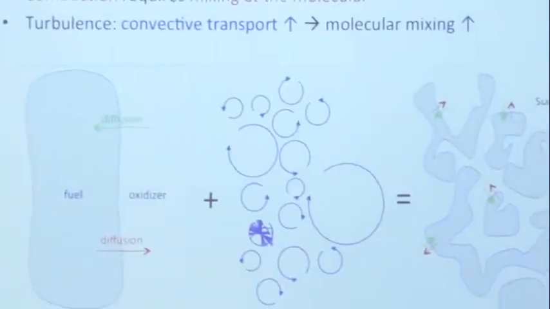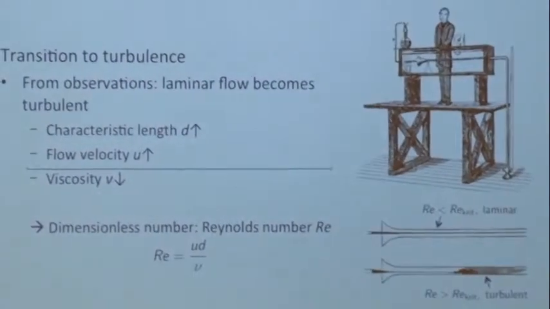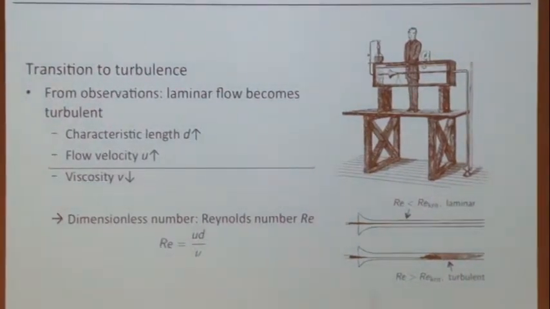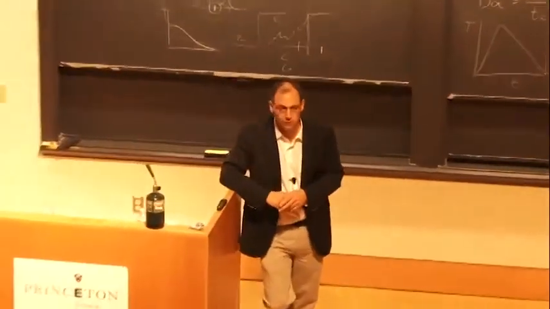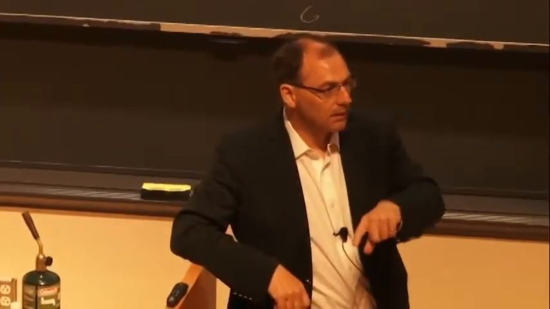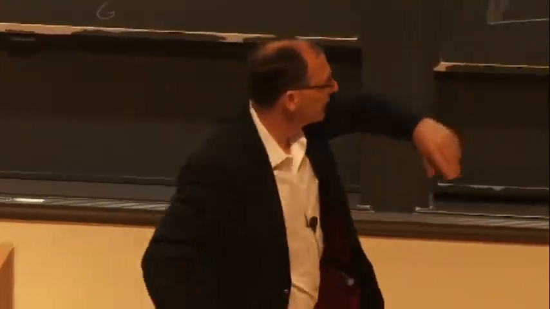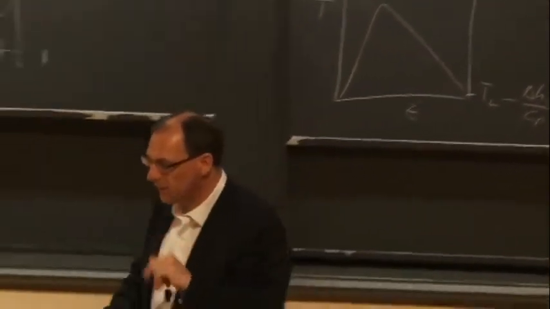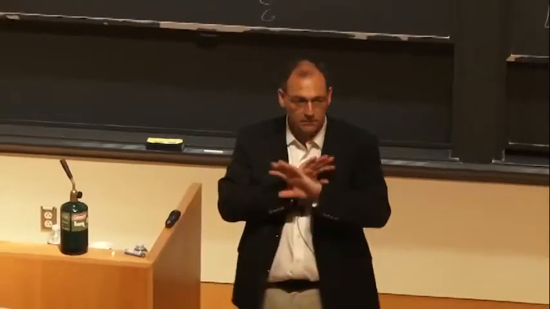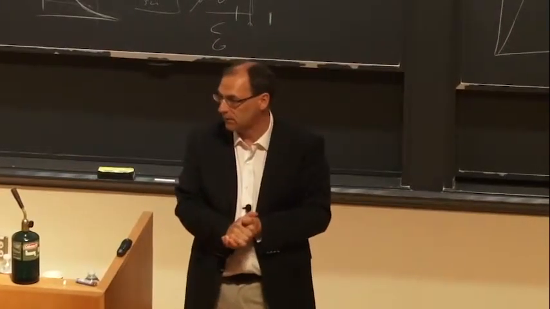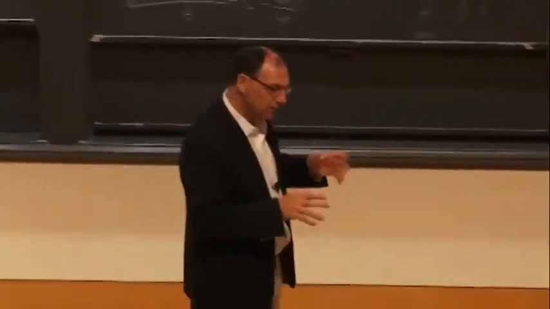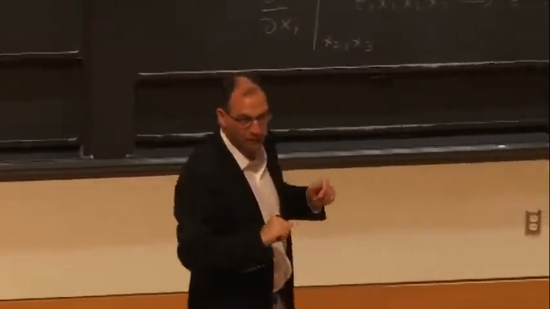The rate of mixing goes with this, and the turbulence Reynolds number is typically at least 100. For a much lower turbulence Reynolds number, you don't have turbulence. I should have said, this is the rate of turbulent mixing compared with laminar mixing. This means turbulent mixing is always at least 100 times faster than laminar mixing. And that's important because, if you think about it, think of an aircraft engine.